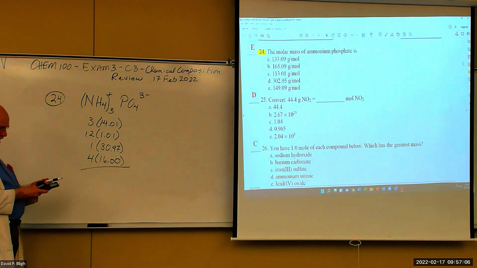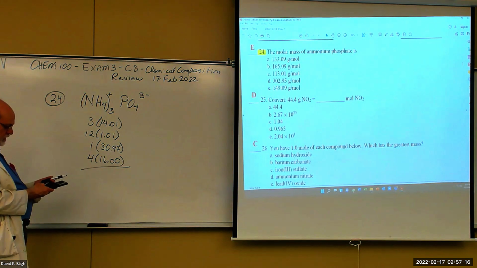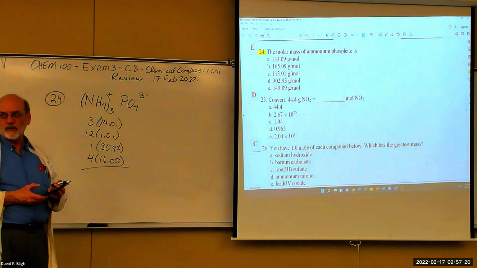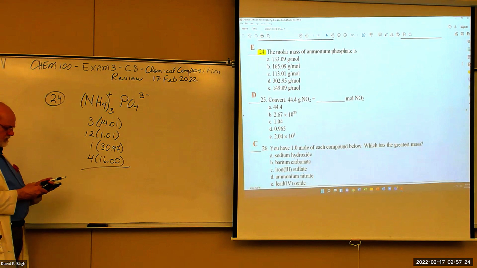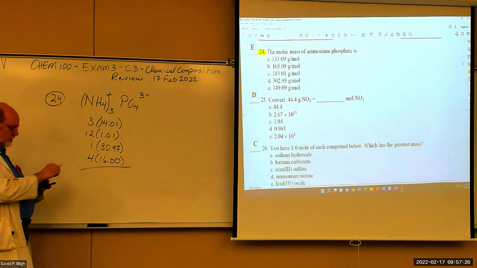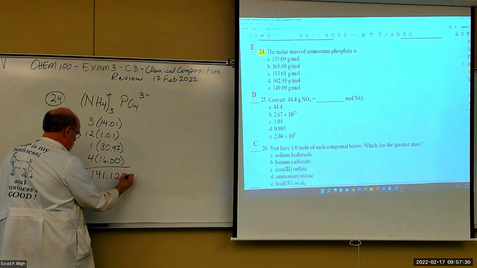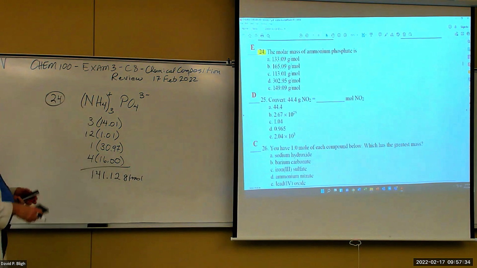14.01 times 3. And then 12 times 1.01. Add that together, 30.97, only need one of them. And 16 times 4 is 64. So I get 141.12 grams per mole.